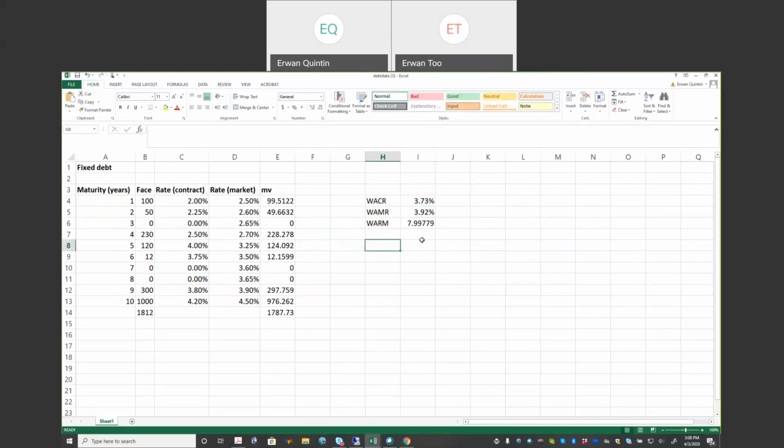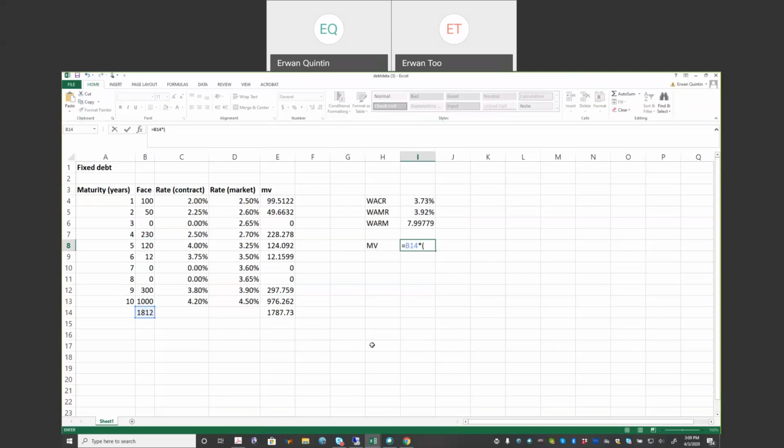And with all that, I can calculate the market value of this fictional representative bond that represents the debt of the corporation. And I'm going to apply exactly the same formula as I had before. Namely, I'm going to take my face value, which now is the entire face value of all the debt for this corporation.